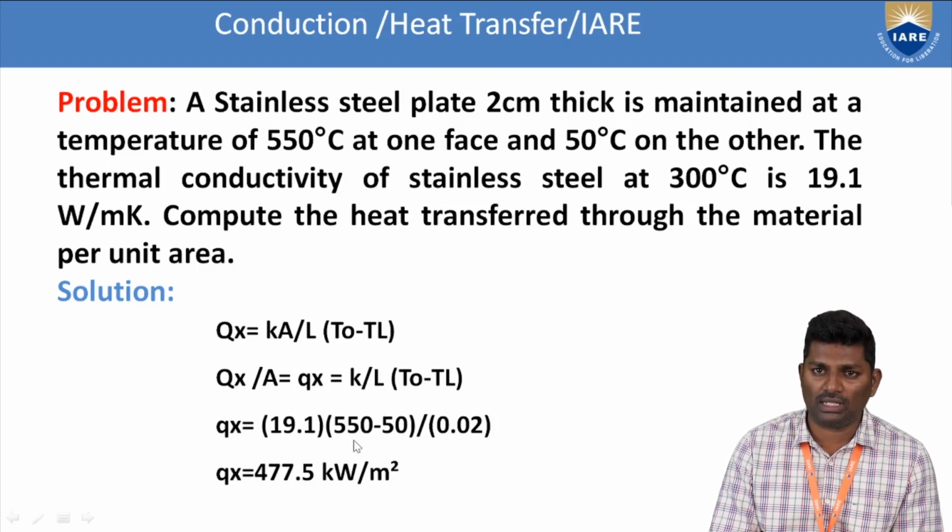Now if you substitute all the numerical values in this equation, you'll get the heat flux. Heat flux is given by Qx by capital A, so small qx is called the heat flux. In the problem they are asking to find the heat transferred through the material per unit area. So per unit area is given by small qx, that is 477.5 kilowatt per meter square.